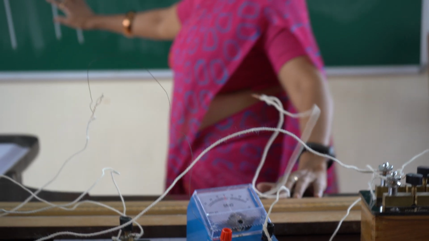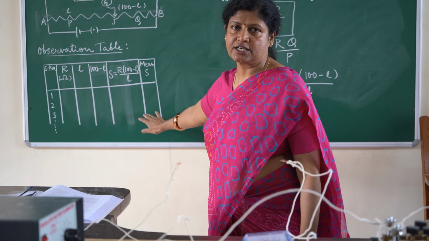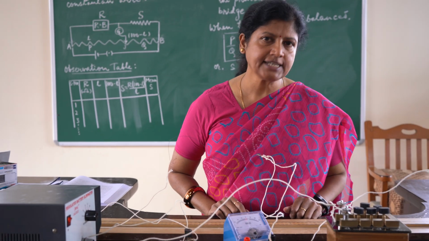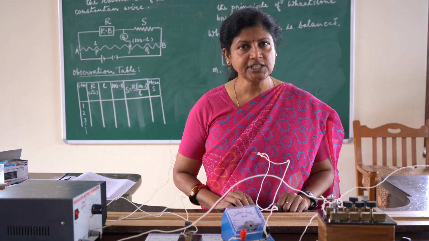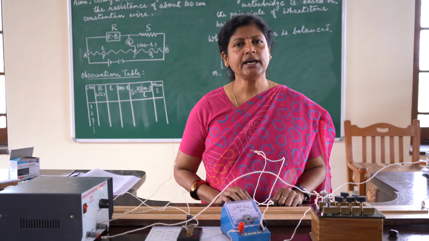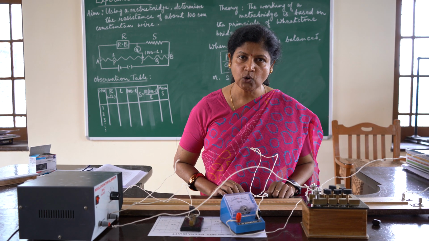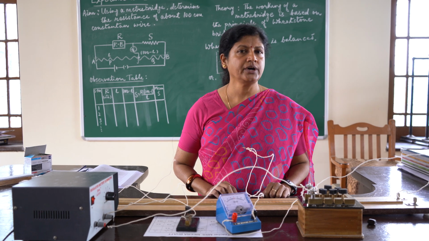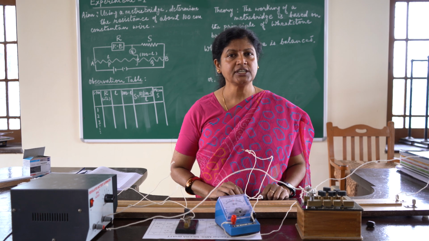Then using the formula we can get unknown resistance. After getting 5 to 6 observations, we should take average S. Average value of S should be in ohm. In this way we can calculate our unknown resistance using meter bridge.